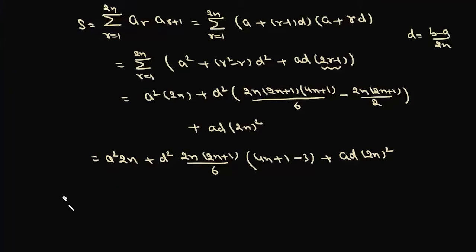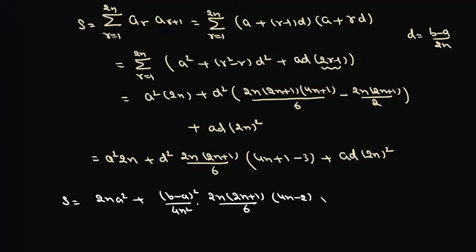So now it will be this sum: 2n a square, and this is (b minus a) whole square upon 4n square, times 2n into (2n plus 1) by 6 into (4n minus 2), and plus a into (b minus a) upon 2n into 2n square.